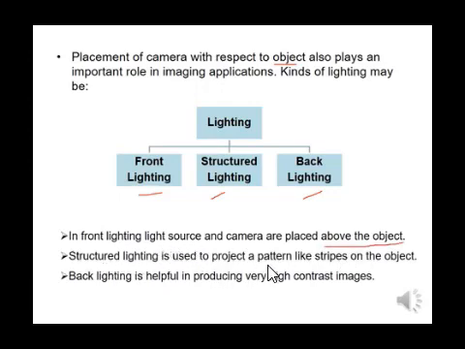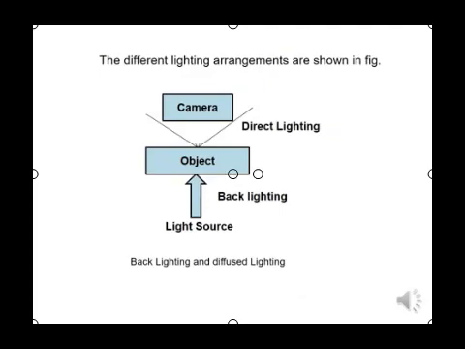Structured lighting is used to project a pattern like strips on the object, with obstacle patterns so that only a selective part of the light falls on the object. Then backlighting is used where we require very high contrast images.